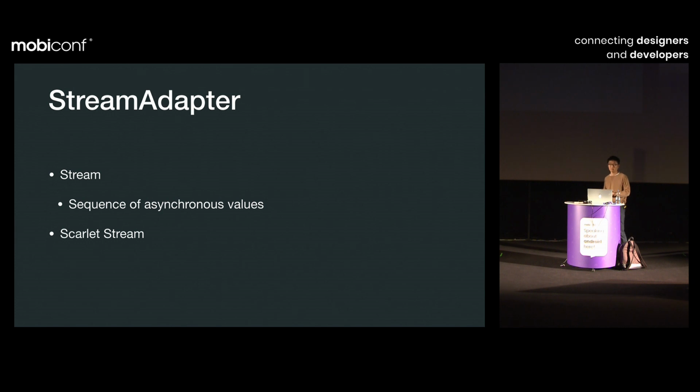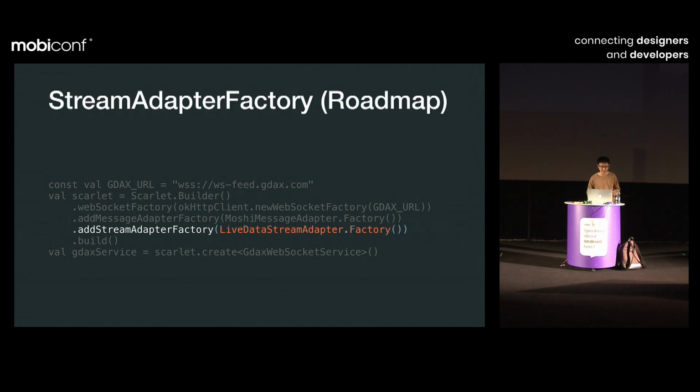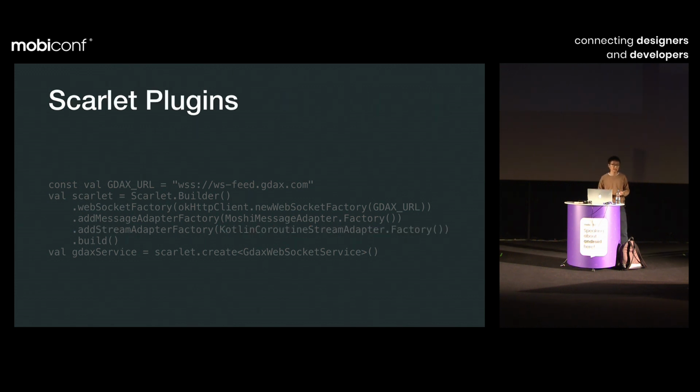Scarlet has a built-in stream type, and it uses stream adapters to convert the built-in stream to other stream abstractions, such as RxJava. We support RxJava 2, RxJava 1, and Kotlin coroutines. We might support LiveData and other stream types in the future. That's it about plugins.